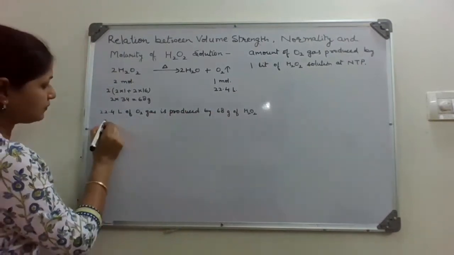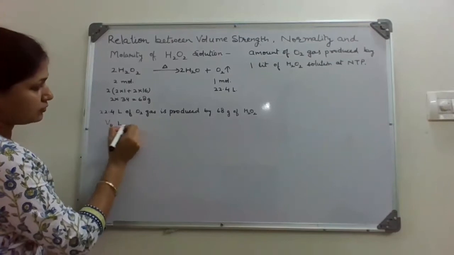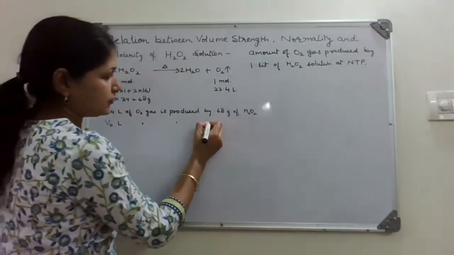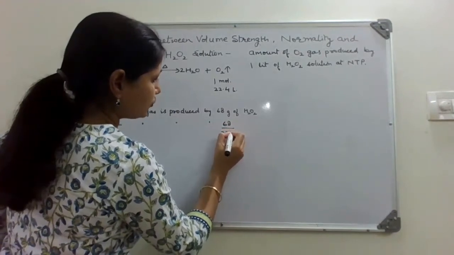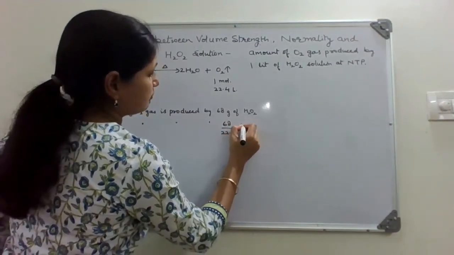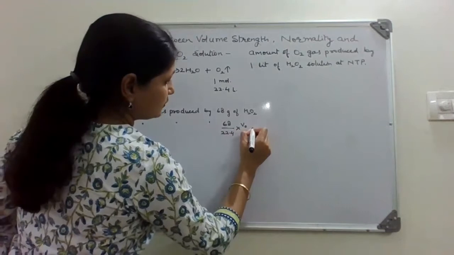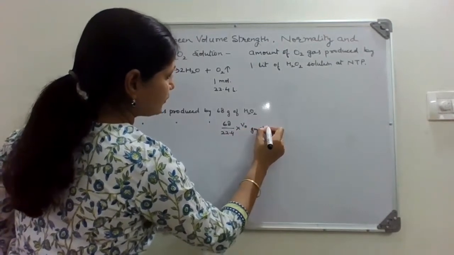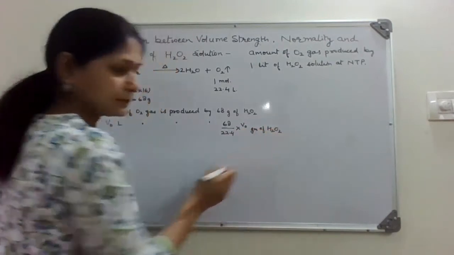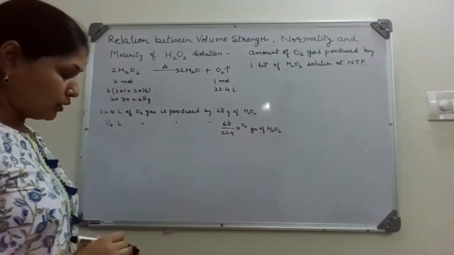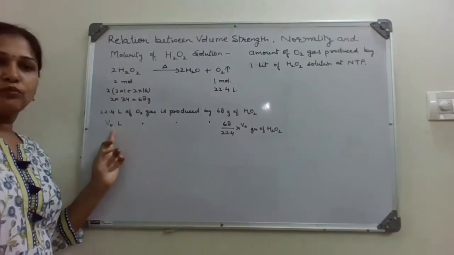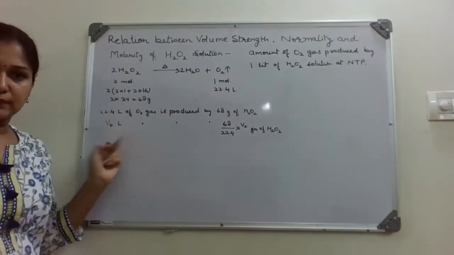So we can write VO liter of oxygen gas is produced by 68 divided by 22.4 multiplied by VO gram of hydrogen peroxide. This is the amount of hydrogen peroxide required to produce VO volume of the oxygen gas.